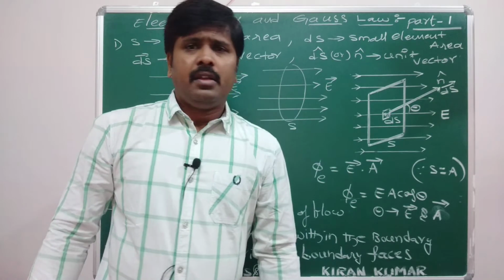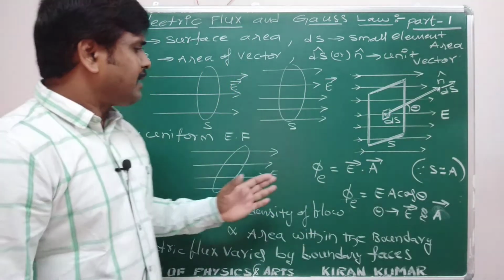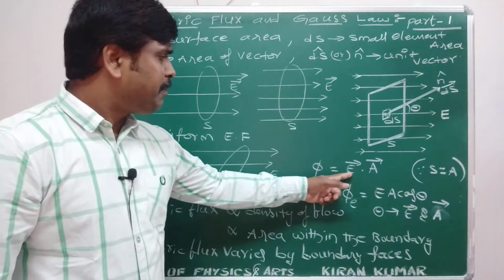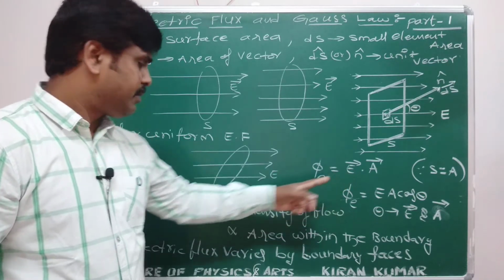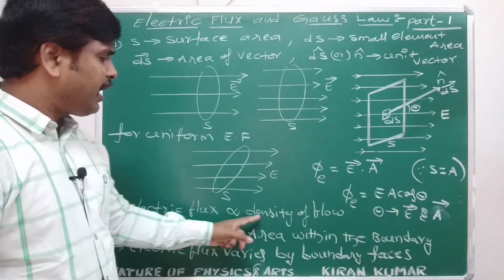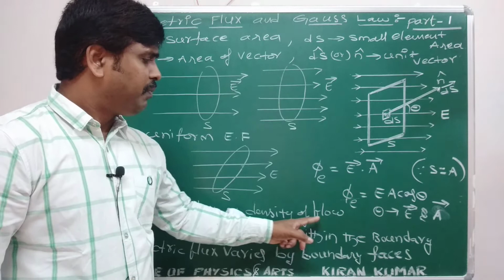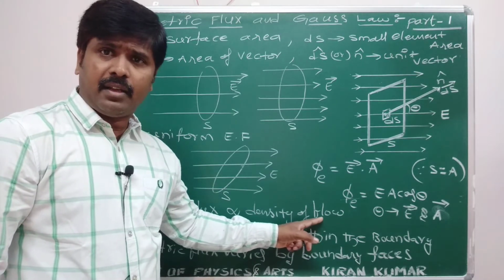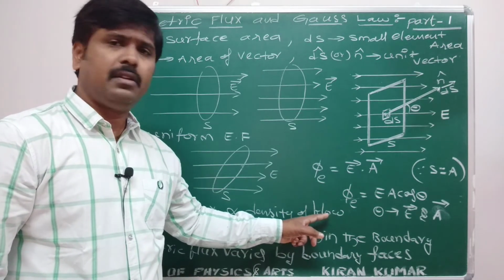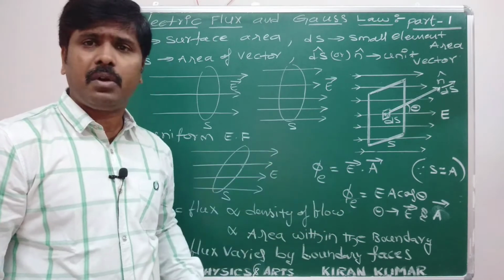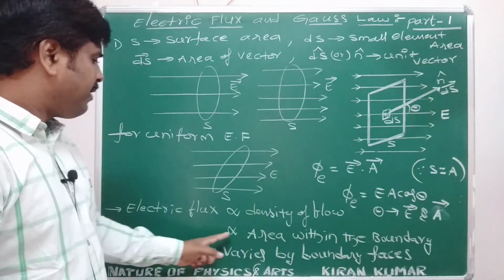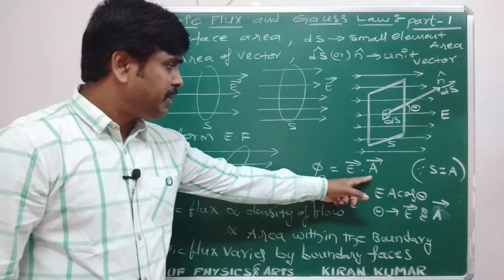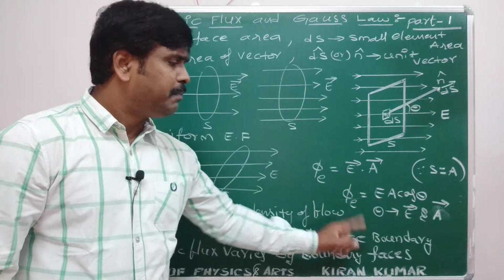Electric flux is directly proportional to E. Electric flux is directly proportional to the flow of electric lines, which is based on the electric field only, and electric flux is directly proportional to the area within the boundary.